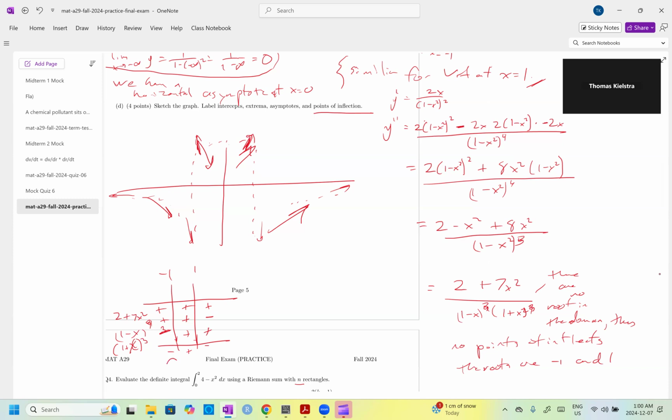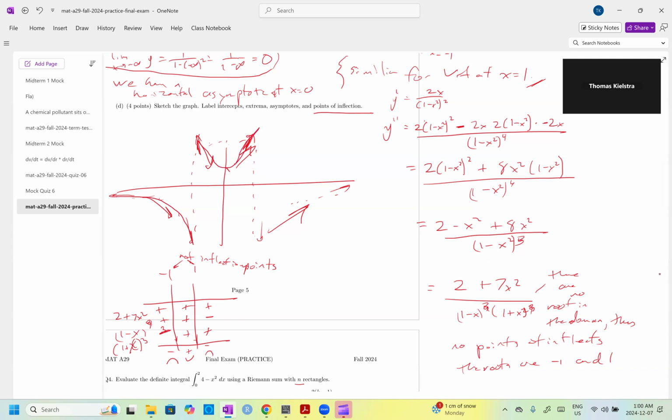So I'm concave down, concave up, concave down. But these are not inflection points. The reason that they are not inflection points is because they're not within the domain.